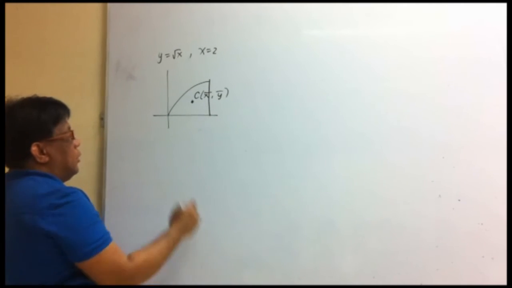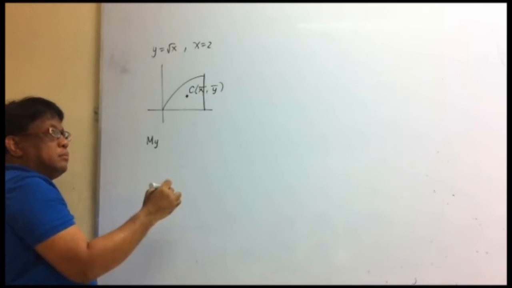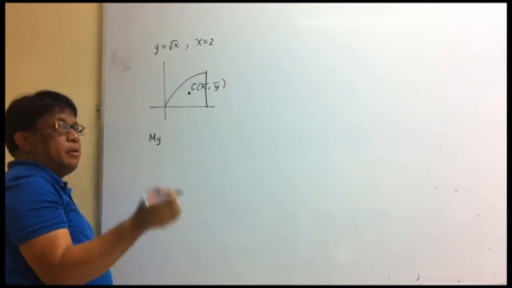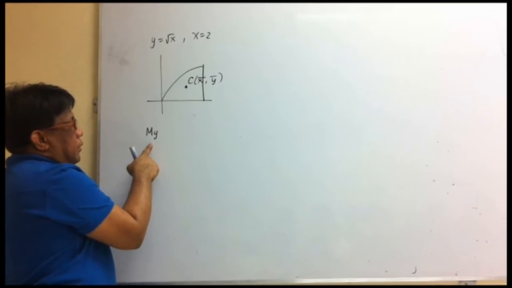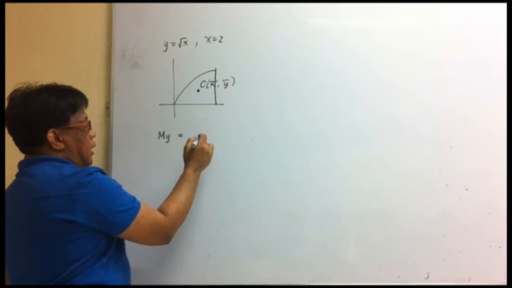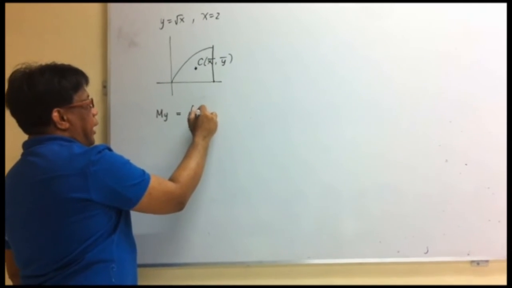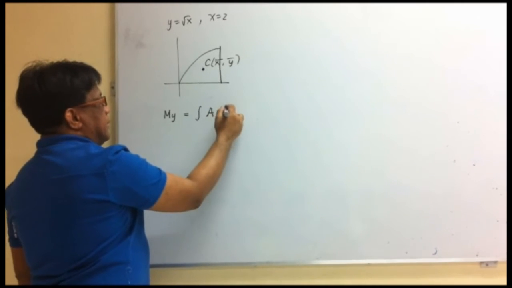Okay? So what we're going to do is to take moment about y or moment about x, whichever comes first. If you want to take first moment about y, the formula is the integral of A, which stands for area, times bar x.